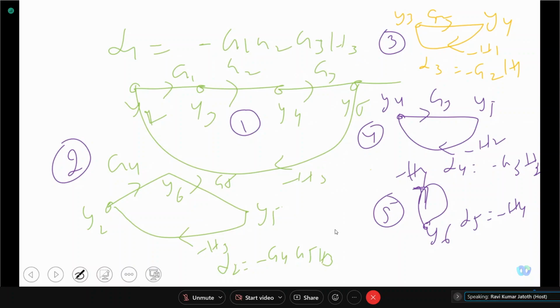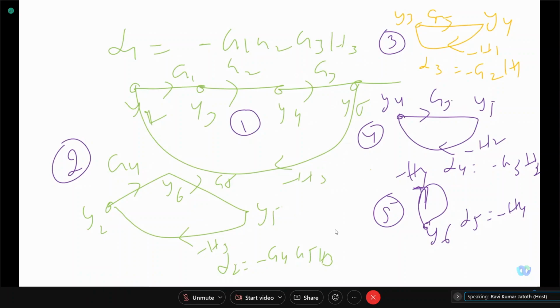No, sir. 1 and 4? Sir, actually, sorry, sir, 1 and 3, I think so. How are they non-touching loops? Y3, Y4 nodes are there in both loops. G2, H1. Yes, sir. Sorry, sir. Okay.